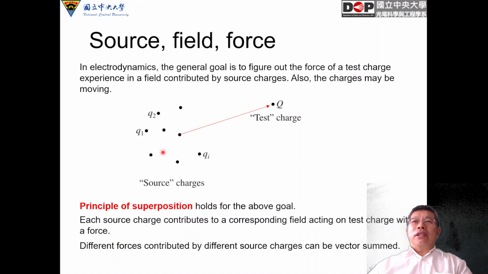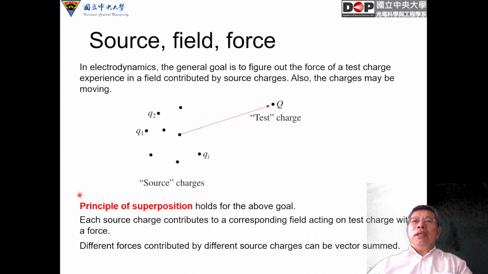These are the charges that set up the field in space. And then we have a charge that we want to try in space. When we put the charge capital Q here, we will figure out the force generated by this distribution of charge, adding the field at that particular point. When we place the test charge here, it will experience some force. That's what we are trying to do.